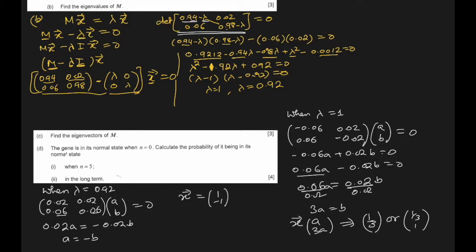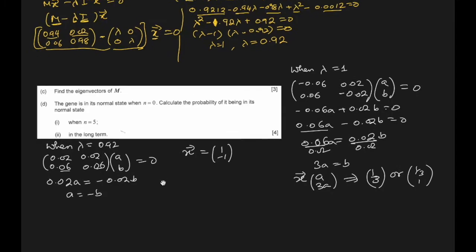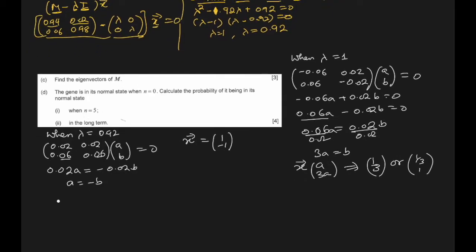Alright, so what do they say next? The gene is in its normal state when n is 0. Okay. So what it means is this, x0 is 1 because that's the normal state, right? And z0 is 0, right? Because it's confirmed that at n equal to 0, it's in the normal state. Now the question is, calculate the probability of its being in its normal state when n is 5.